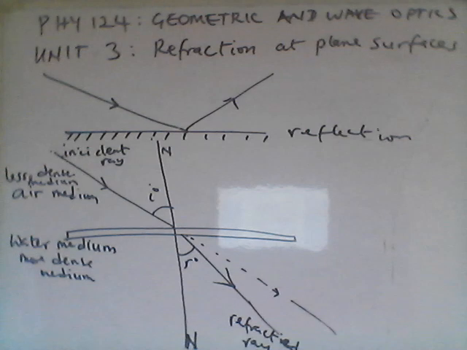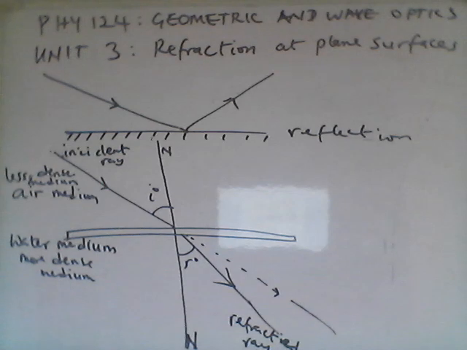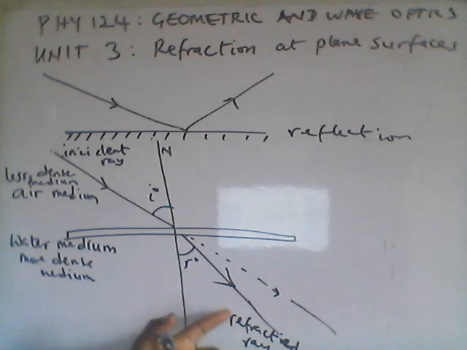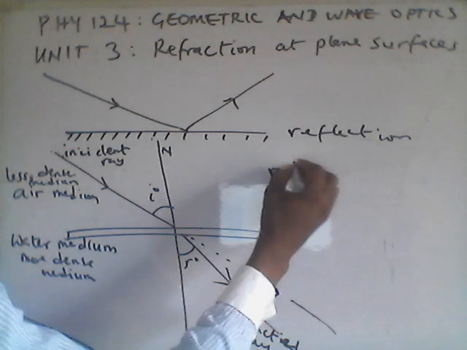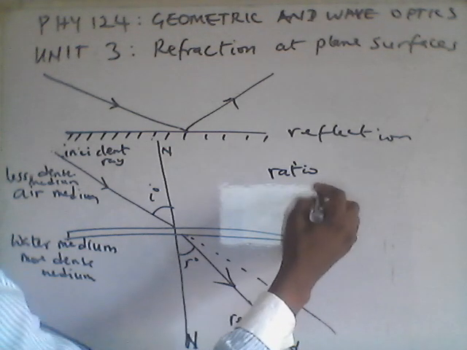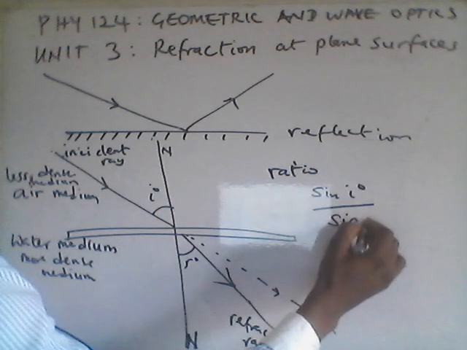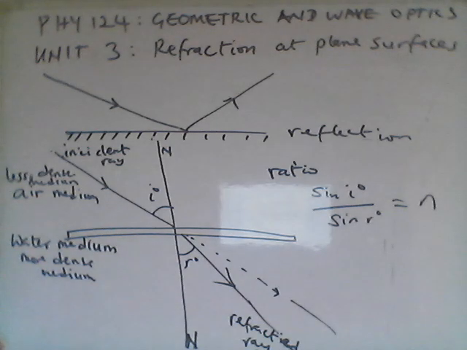The incident ray, the refracted ray and the normal all lie on the same plane, and there's a ratio that exists between the sine of the angle of incidence and the sine of the angle of refraction. That ratio is called N.